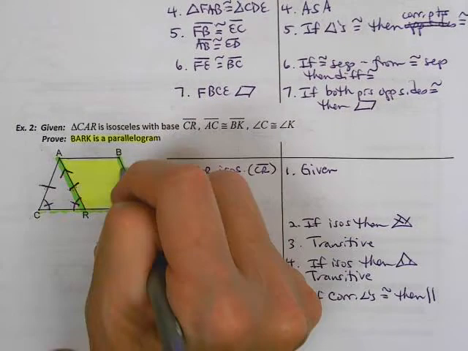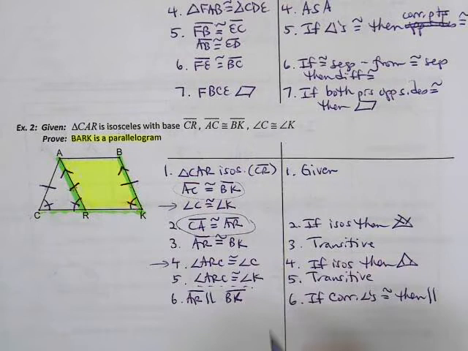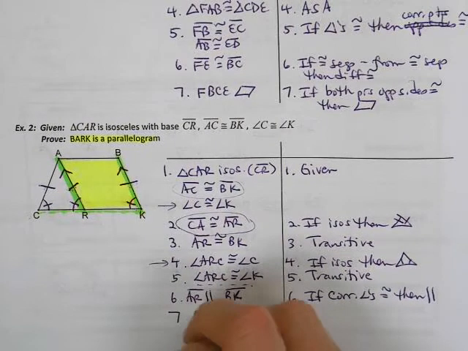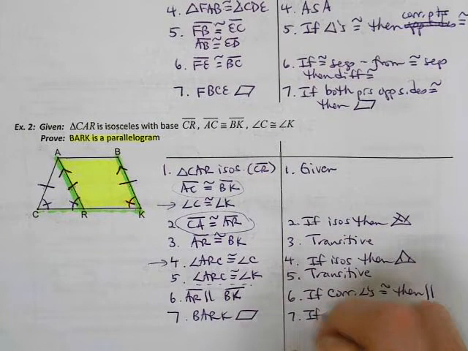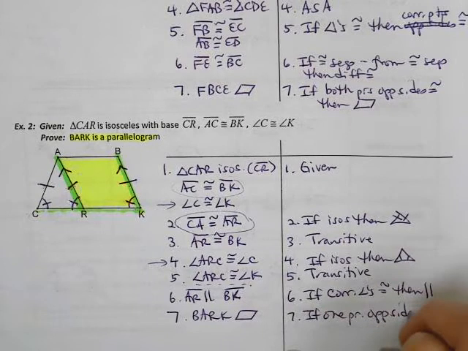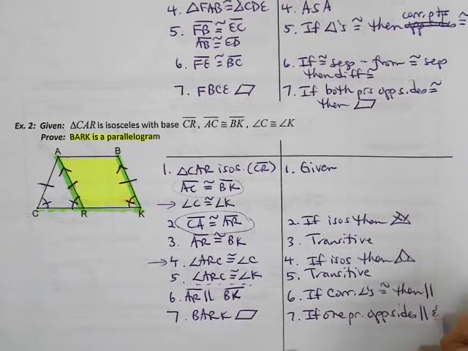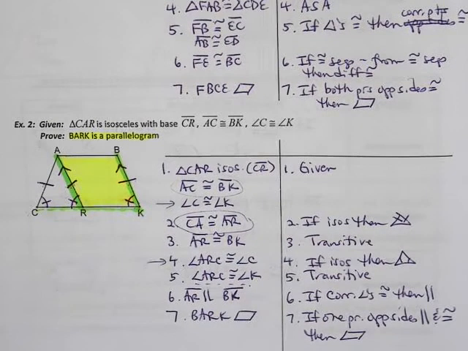Now I have the same side is parallel and congruent. So by that last reason, I can say BARC is a parallelogram: if one pair of opposite sides parallel and congruent, then you have a parallelogram.